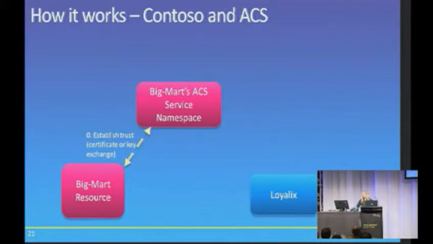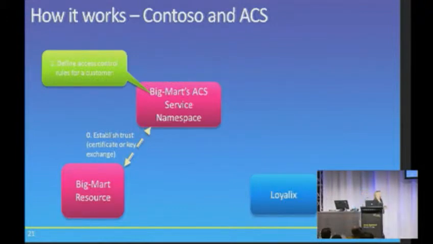Then you have your partner that wants to integrate with BigMart's resource, wants to access it. The first thing BigMart's administrator has to do is set up a set of access control rules to say who has access to which resources and create a number of rules that describe those scenarios.